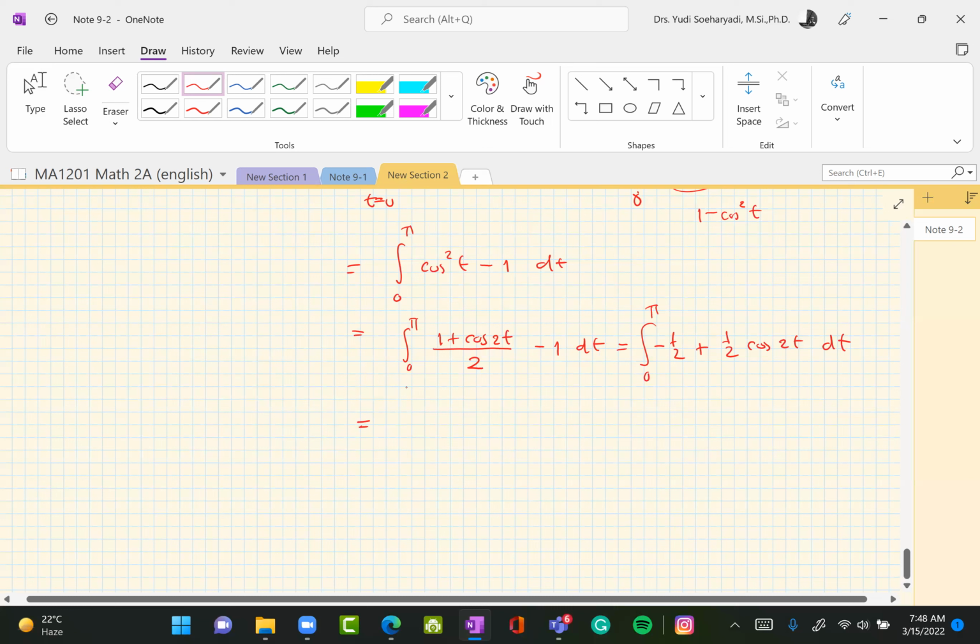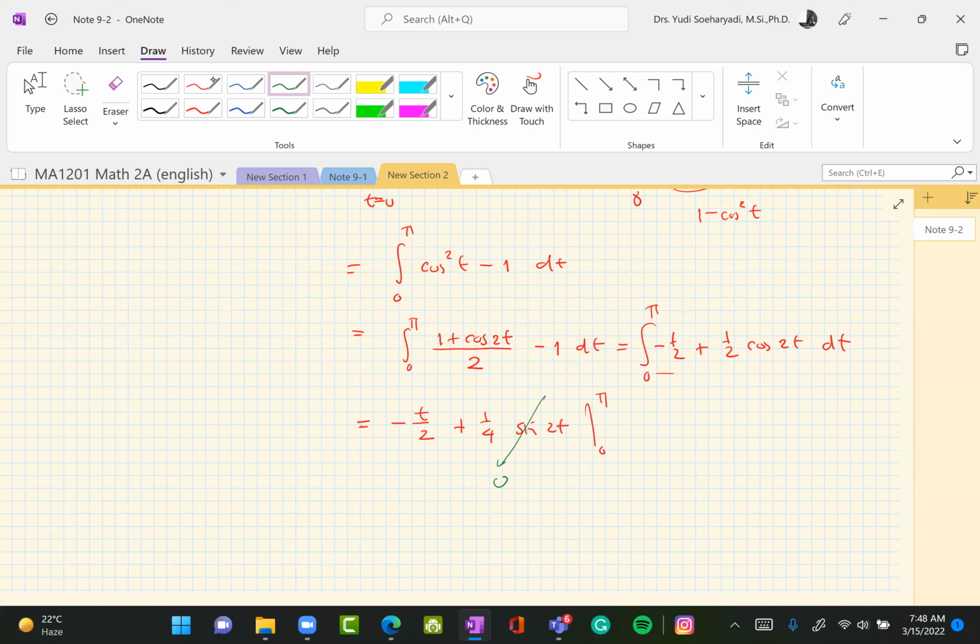So then you'd have negative t over 2 from here, and the integral of cosine is sine, so plus 1/4 sine 2t. Plug in: sine 0 is 0, and sine 2 pi is 0. So this gives you all 0, and the only thing that remains is this one here. Well, that's negative.